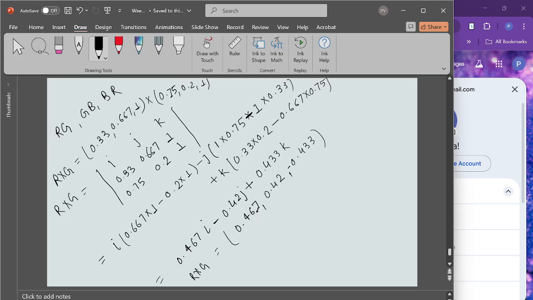Here you will get a positive sign and here you will get minus, if you just calculate it.